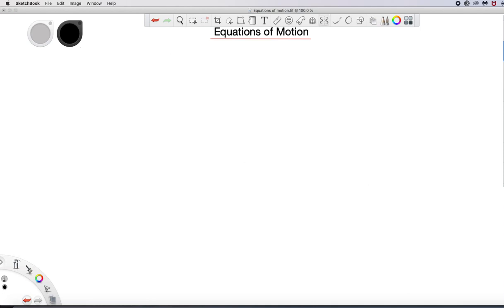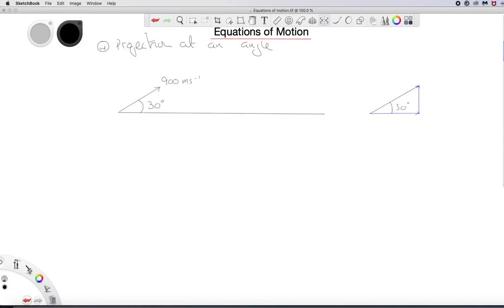So let's look at our final scenario then, projecting at some angle. So let's say we project something at an angle of 30 degrees to the horizontal at 900 meters per second. So we want to know the maximum height attained.